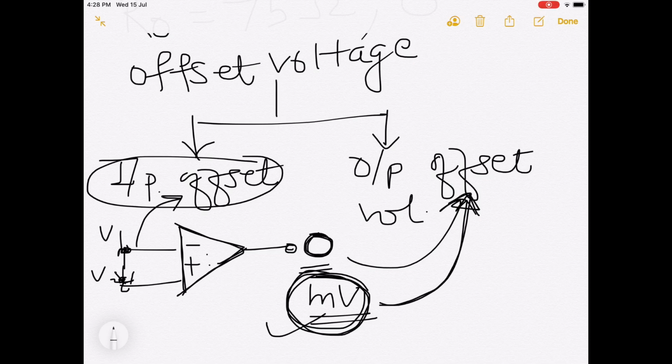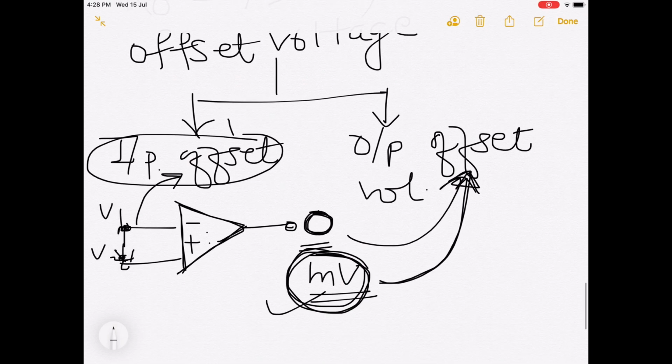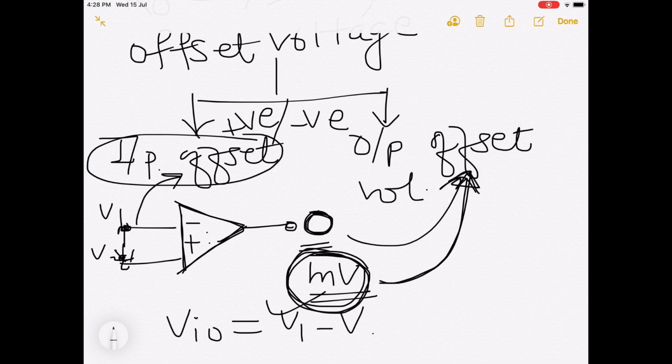This input voltage could be positive or negative. Therefore, input offset voltage VIO can be written like this, and for IC 741 its value is approximately up to 6 millivolts. So, this is about the offset voltage parameter.